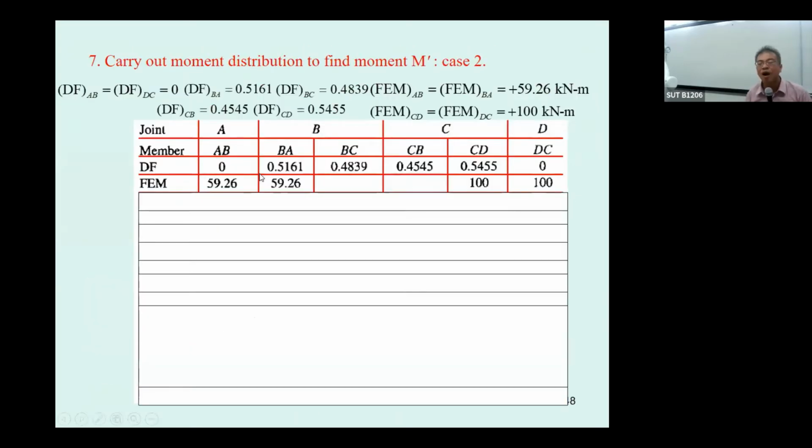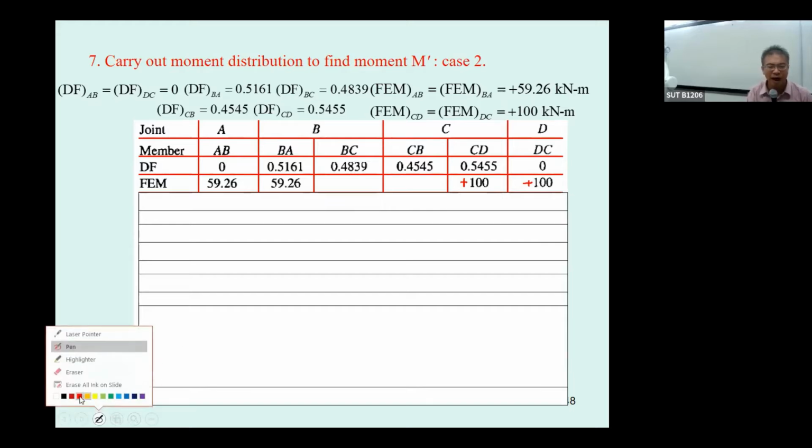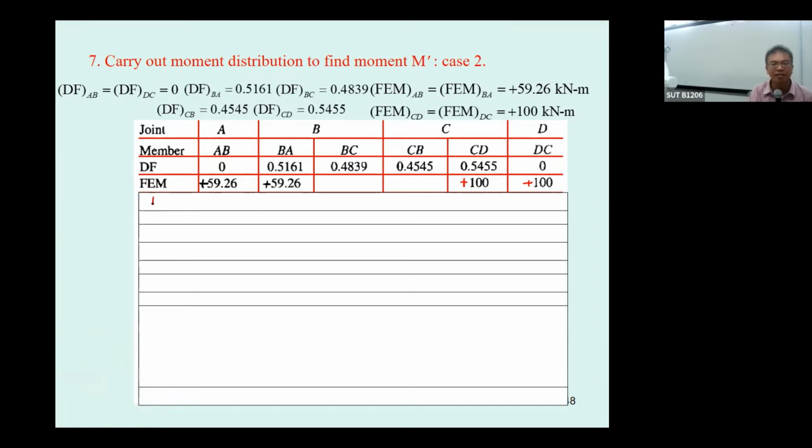The moment that occurs on these two columns is 100, and the moment that occurs on these two columns is going to be 59.26. This fixed end moment must be distributed. So we start by considering this one, and this one times 0 is going to be 0.